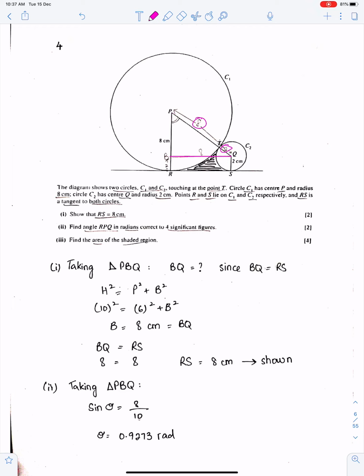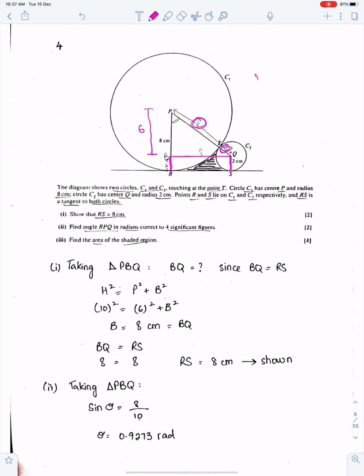Let me correct this. This is 8, this is 2, and so this total will be 10. This length is 2, so this will be 2. Therefore, this length will be 6.